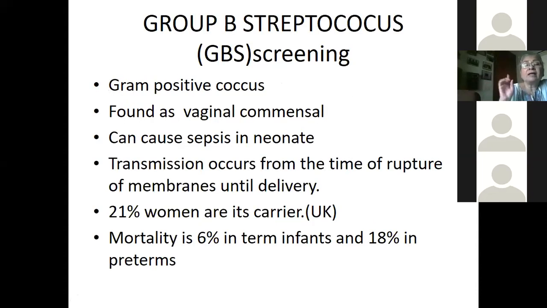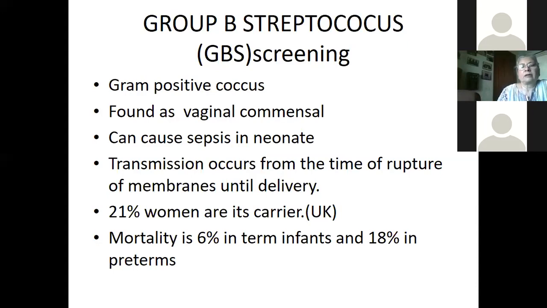Then we have another infection, which is group B streptococcus infection. Screening for it is important because it does not affect the mother at that time, but the newborn baby, if the mother is positive for group B infection in that pregnancy, close to the last trimester, will have neonatal sepsis.